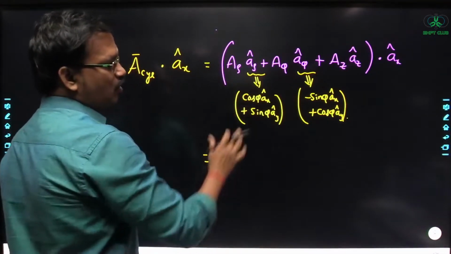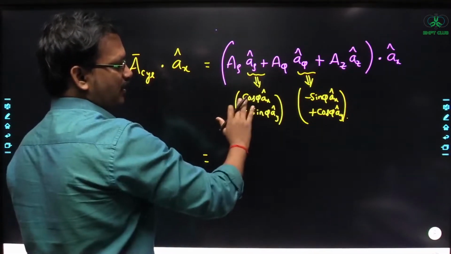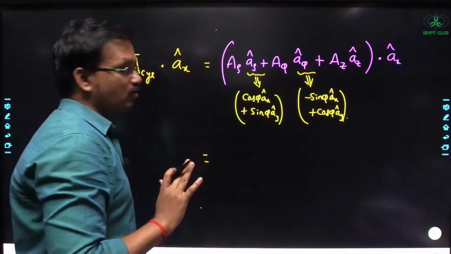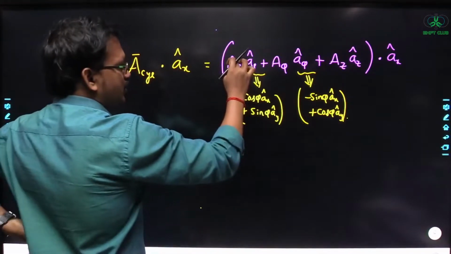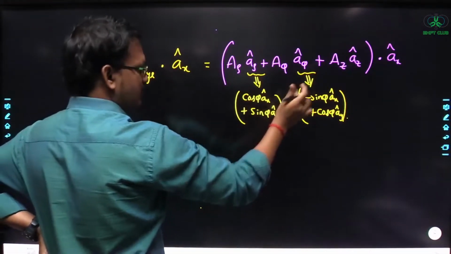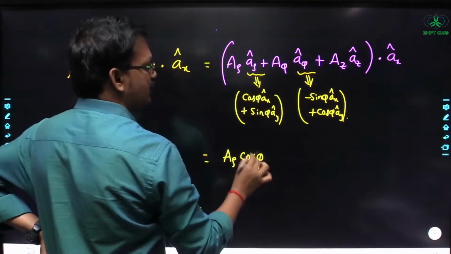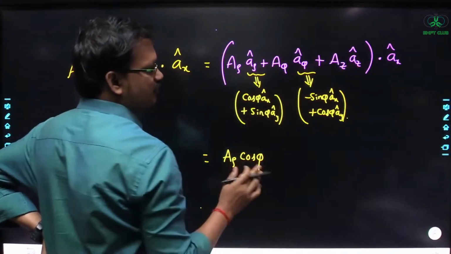So what you are going to get? Only multiply ax cap terms here. That's it. So what you are going to get here? A rho into cos phi. So ay cap dot ax cap will become 0.